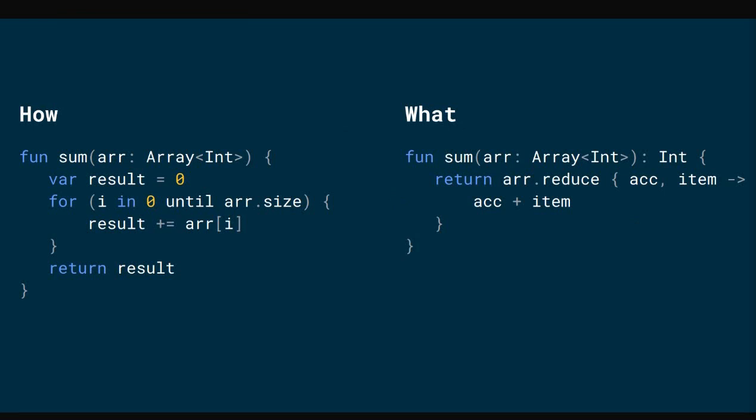In this example, we have two functions that serve a similar objective of calculating the summation of numbers in an array, but as you can already see, the approach is quite different. The how approach, which is imperative programming, is much more detailed than its counterpart, declarative programming, which is a little bit more abstracted and is more results oriented.